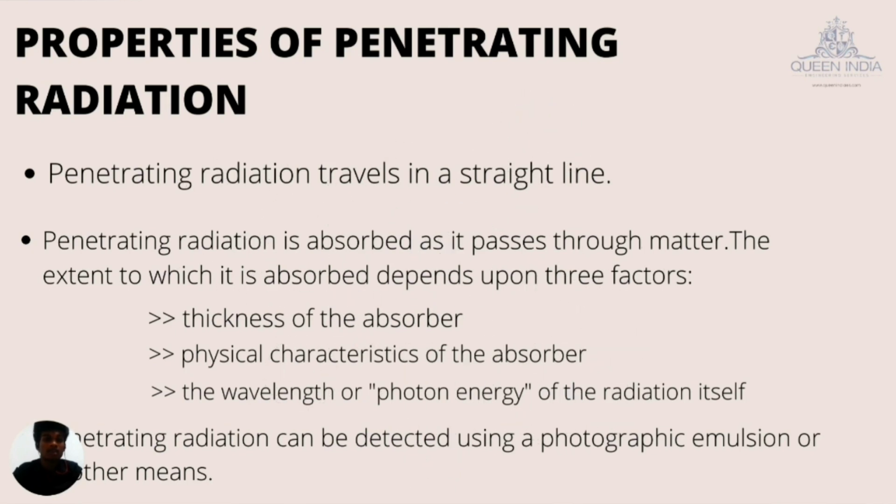The absorption of the radiation depends upon factors like the thickness of the absorber, the physical characteristics of the absorber, and the wavelength or photon energy of the radiation. Photographic emulsion is used for the detection of penetrating radiations.